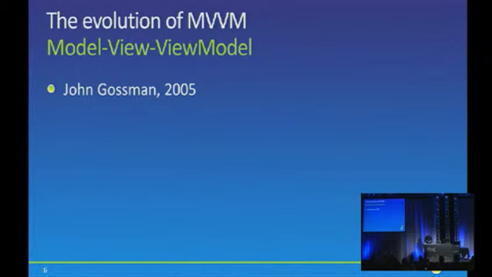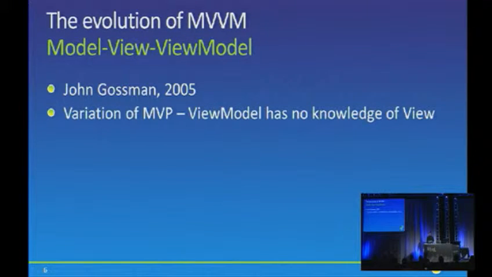And all of a sudden it wasn't a presenter. We completely lost the interface. The ICustomerView is now gone. And this object that he created, he called it a view model. So MVP became MVVM. And the subtle difference between the presenter and the view model is that the view model has no knowledge of the view at all, not even with an interface.